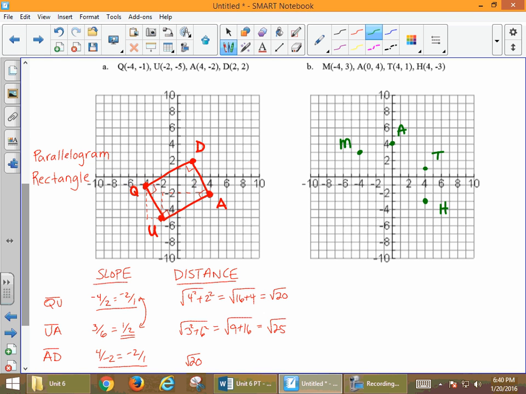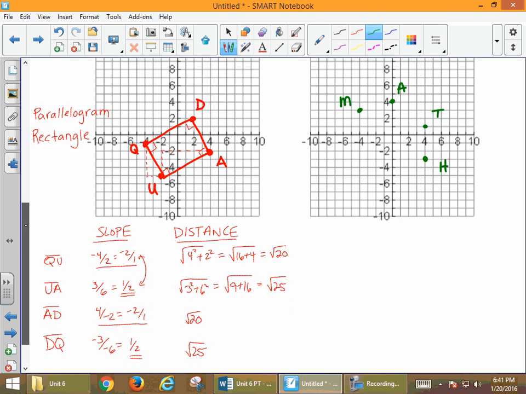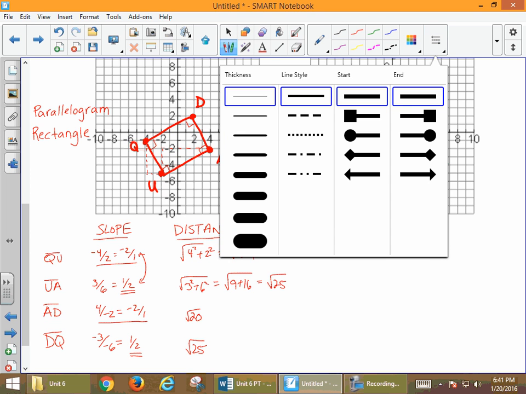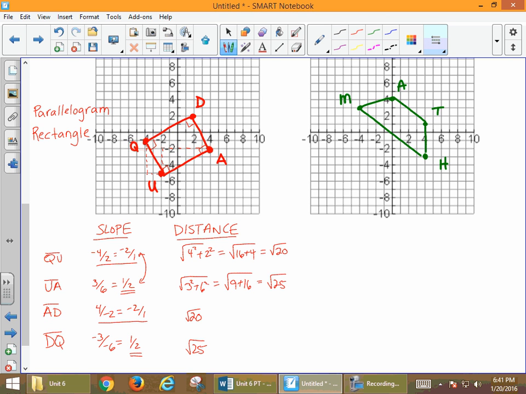It's pretty easy to tell that this is not a parallelogram. But I'm going to do the same thing as before. I am going to connect the dots: M to A to T, T to H, and H to M. And I am going to find the segments, slopes, and distance.